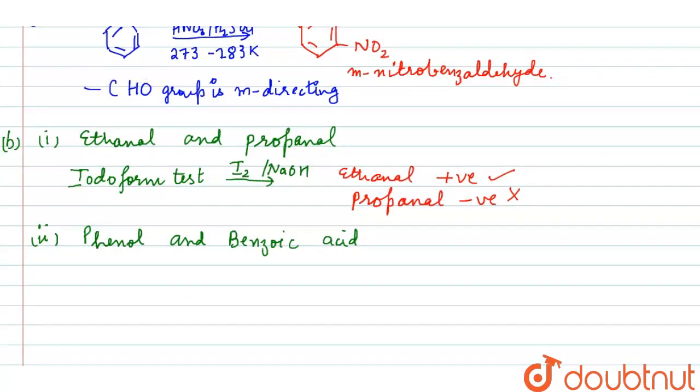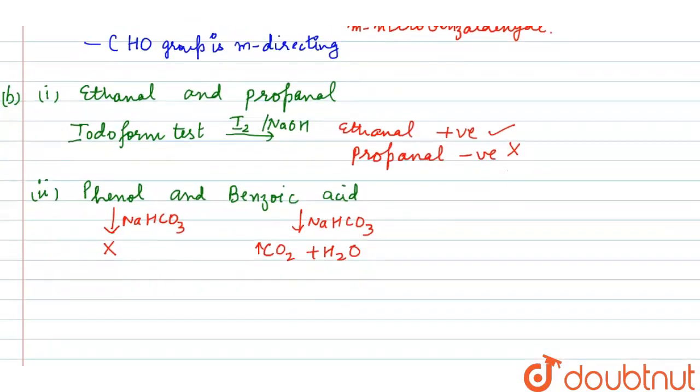If we perform the test with phenol and sodium hydrogen carbonate, there won't be any reaction. And when we perform it with benzoic acid, it will give carbon dioxide with effervescence, and with the effervescence we can indicate that a carboxylic acid is present, and the test will be in favor of benzoic acid, and phenol won't give carbon dioxide gas.